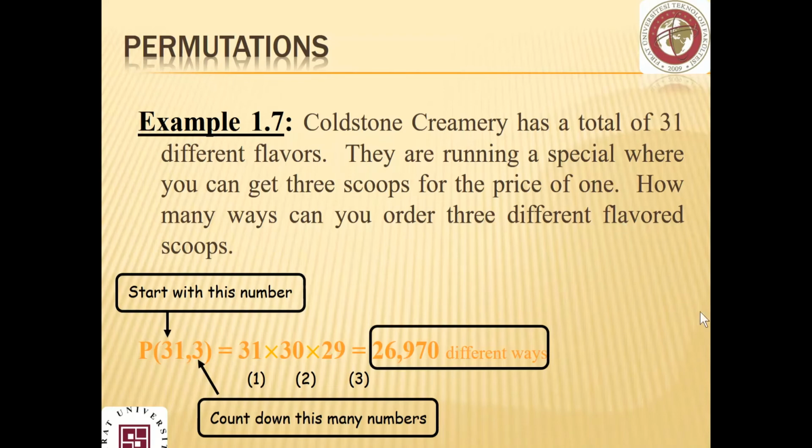We have 31 flavors, and we can choose any of these flavors, but the idea here is not just choosing any of the flavors, because there is an offer where you can get 3 scoops for the price of 1.